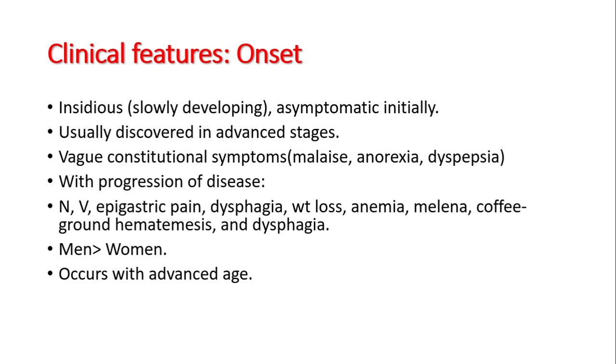The onset, or the clinical features: how does the patient present? What is the presentation of a patient with gastric cancer? Most commonly, it is asymptomatic initially, so the disease is discovered, many times in an advanced, metastatic stage.